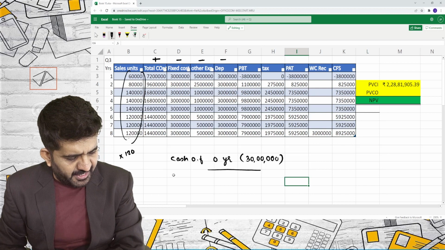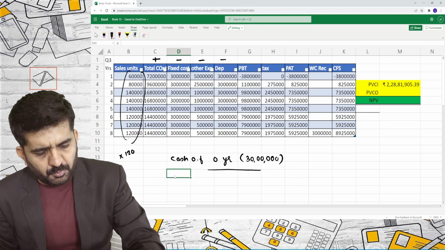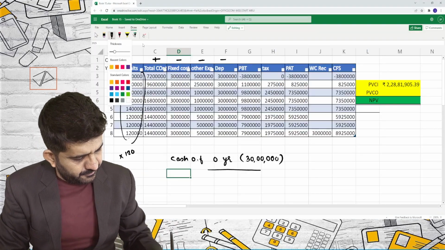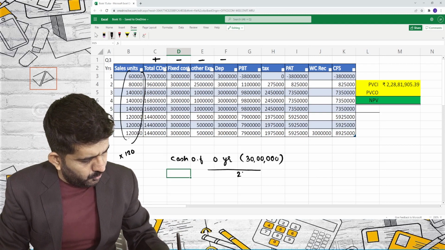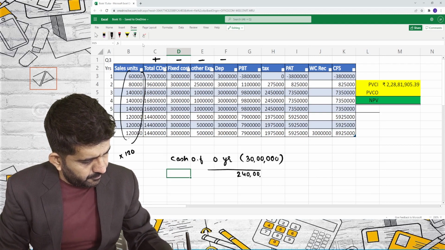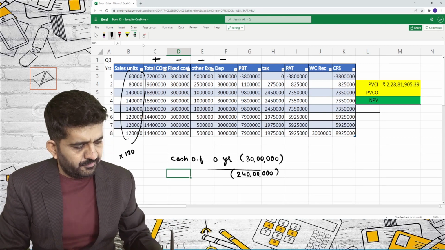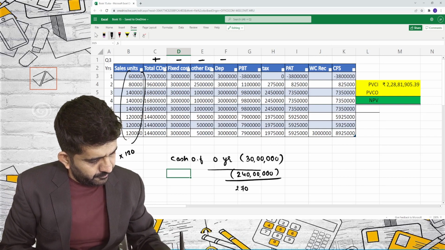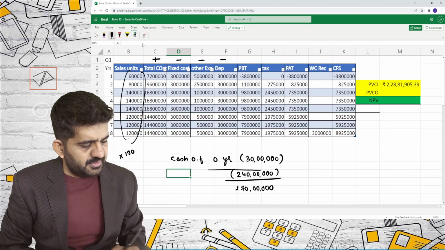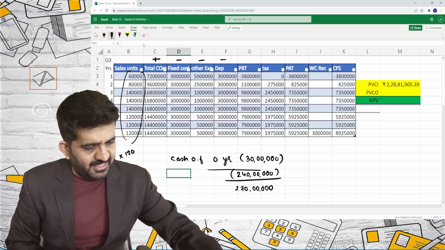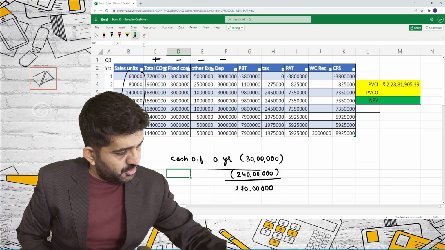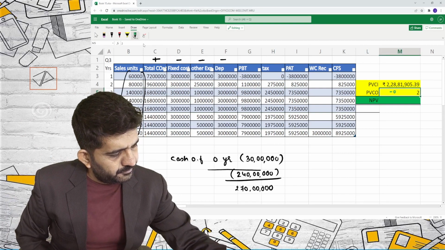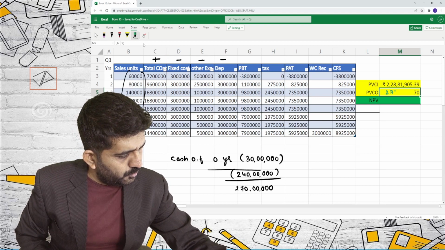What is the present value of cash outflow? Number one, working capital, which I have written over here. Number two, the machinery purchase at 2 crore 40 lakhs. 2 crore 40 lakhs plus 30 lakhs is 2 crore 70 lakhs. 2 crore 70 lakhs will be my present value of cash outflow.